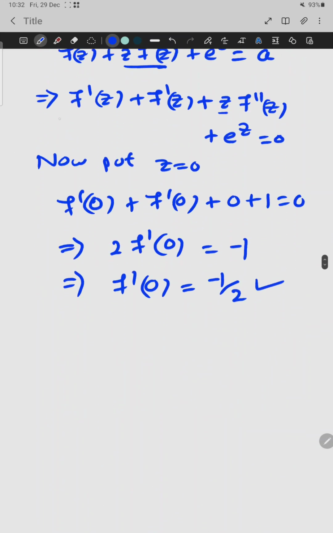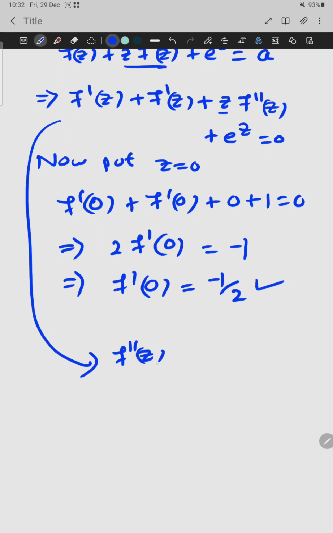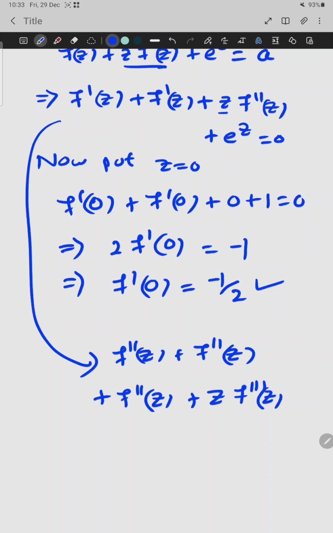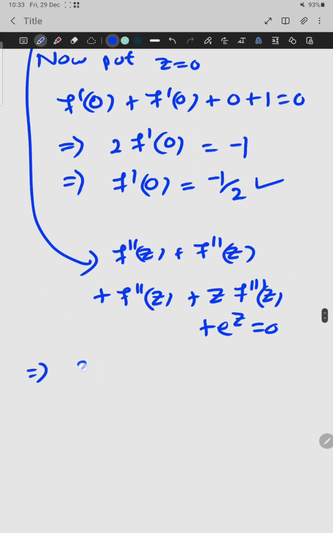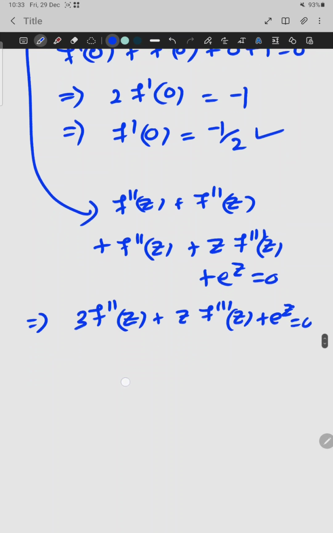To get f''(0), we have to differentiate further. If we differentiate further, it gives f''(z) + f''(z) + f''(z) + z f'''(z) + e^z equal to 0. So it gives 3 f''(z) + z f'''(z) + e^z equal to 0.